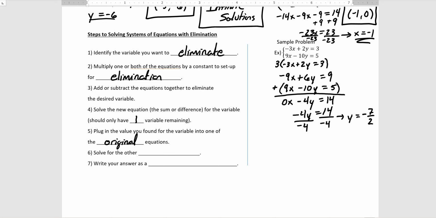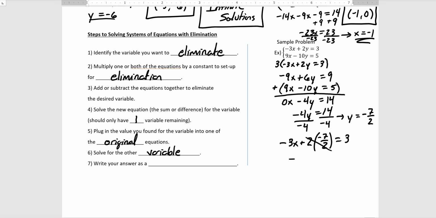So, looking at my original equations, negative 3x plus 2y equals 3, that's the smallest numbers, so I'm going to choose that one. Negative 3x plus 2, we know y is negative 7/2, equals 3. Now we're going to solve for the other variable, which is x. So I'm going to multiply 2 times negative 7, which is negative 14. Negative 14 divided by 2 is negative 7.